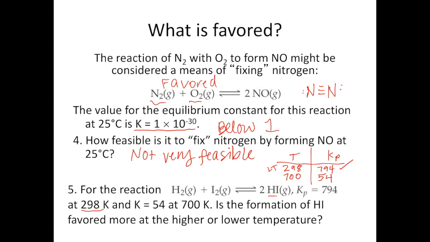Right? KP goes down at the higher temperature, which means that my equilibrium is pushed in this direction as I raise the temperature. So the answer is lower because Kp is higher, which means I have more products than reactants.